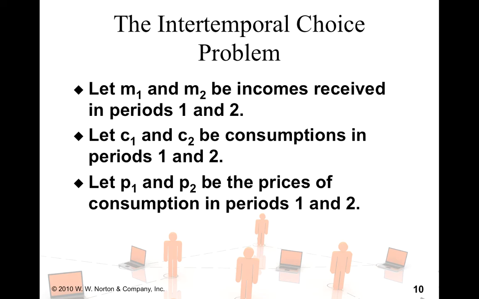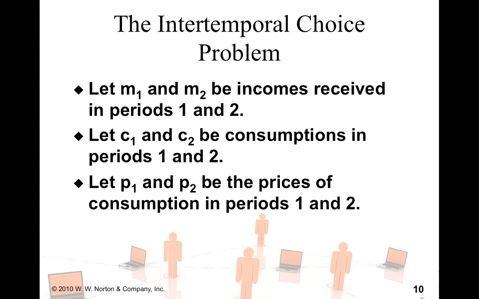Because the choice between C1 and C2 has to be made today, even though I'm going to receive my second period income in the second period, and I'm going to actually consume whatever bundle I have decided on in the second period.